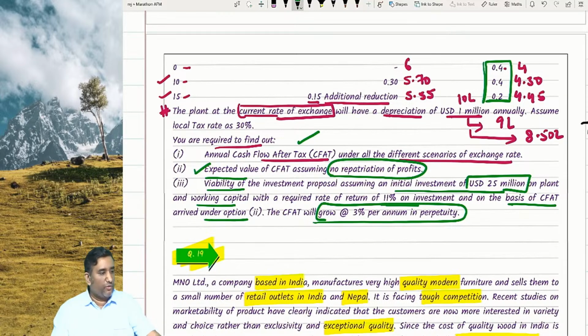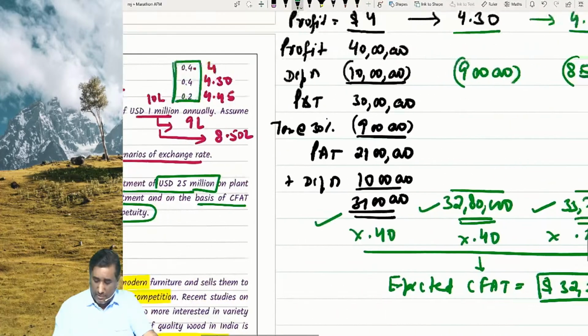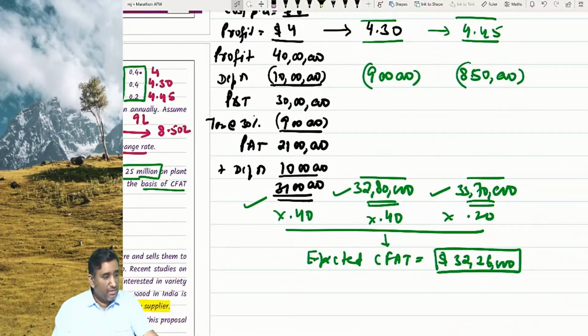So basically you have to calculate the perpetual value of inflow. Cash inflow will be 32 lakh. This will go on in perpetuity. So using this you will calculate your perpetual value minus 25 million, which is as good as 2 crore 50 lakh. 1 million has 6 zeros.